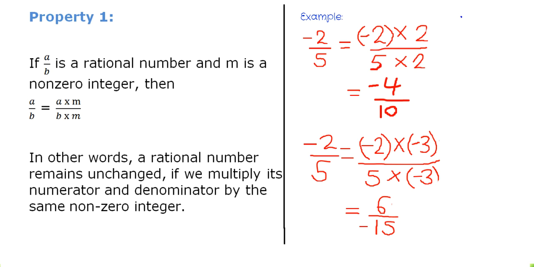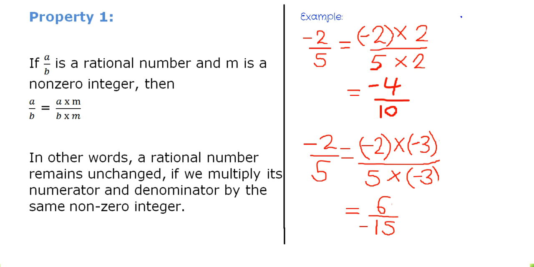Similarly for a rational number, if I multiply the numerator and denominator by a non-zero integer, I will get a new rational number which is called an equivalent rational number.